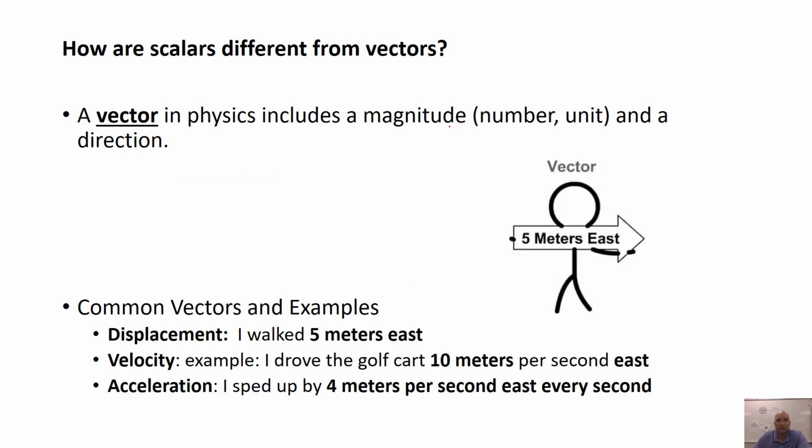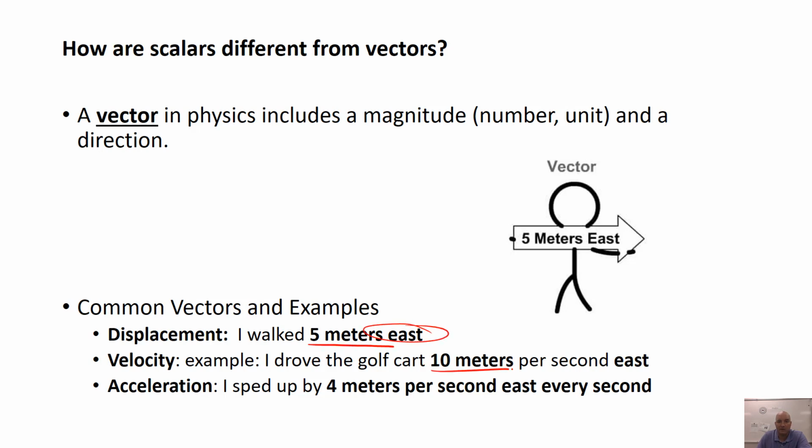A vector in physics includes a magnitude, so the same thing as before, but now we're going to have a direction on top of it. So vector has a direction plus that magnitude. It's still going to have a number, it's still going to have a unit. For example, here, displacement, that's going to be a new term that you've probably heard of first here. Maybe not, hopefully not. But 5 meters is going to be the magnitude, and east is going to be the direction.